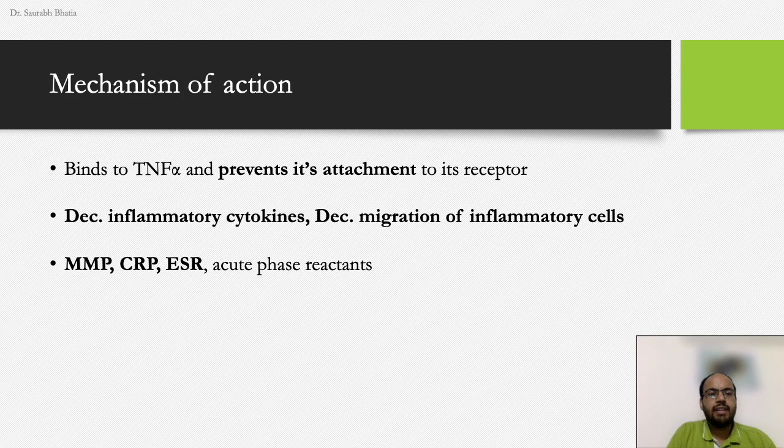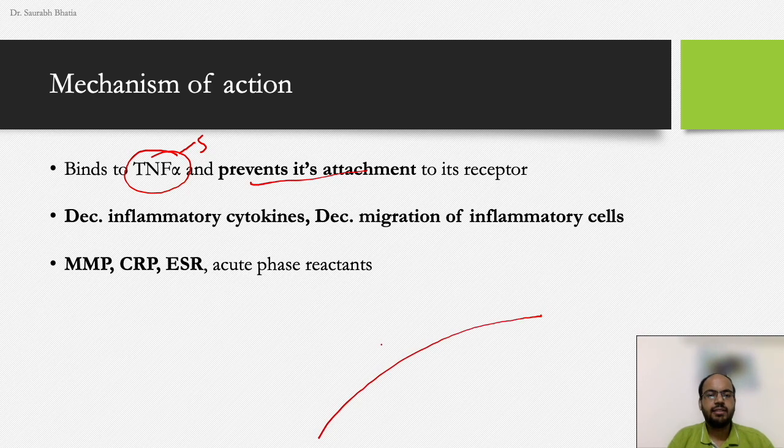Now, infliximab binds to TNF alpha, and remember this is majorly the soluble part, and then prevents its attachment. So remember in adalimumab we were saying that let's say this is the TNF alpha receptor, and let's say that this is TNF alpha in green.